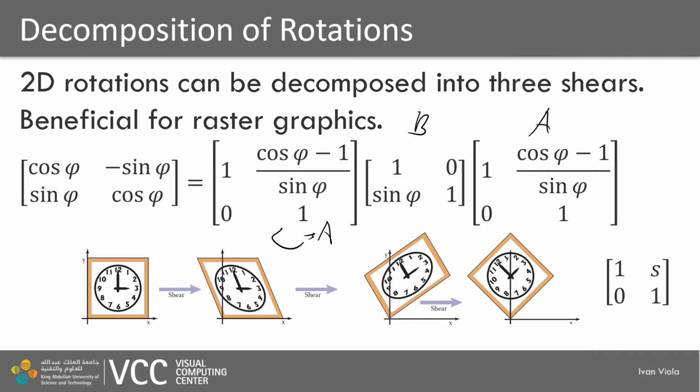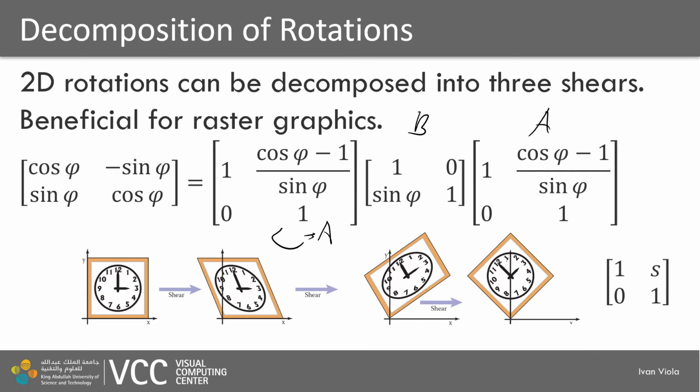So what does it do? This is a diagonal matrix, but there is an off-diagonal value which is non-zero. So this is a shear in the horizontal direction, and A and C are both shears in the horizontal direction. And then we have a shear in the vertical direction.